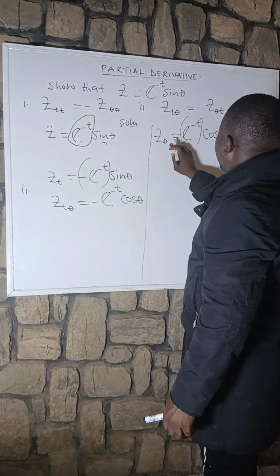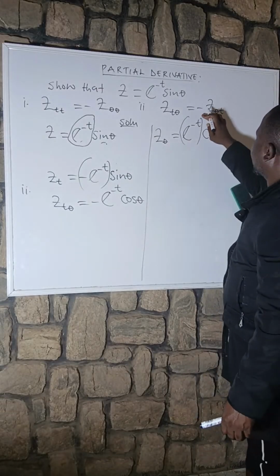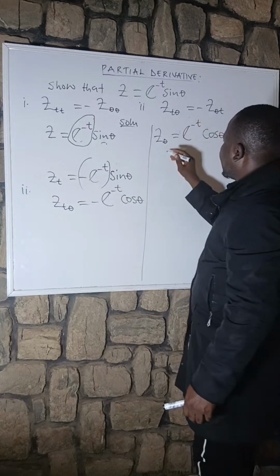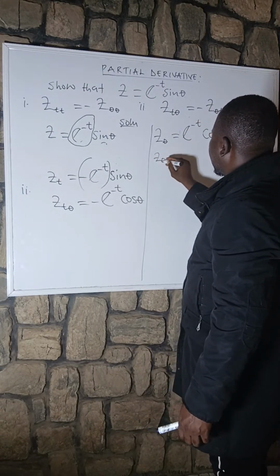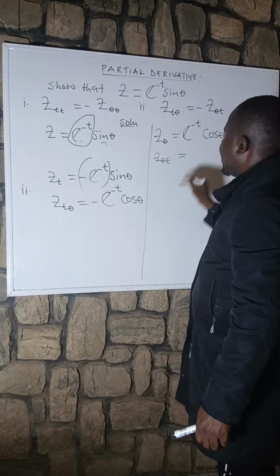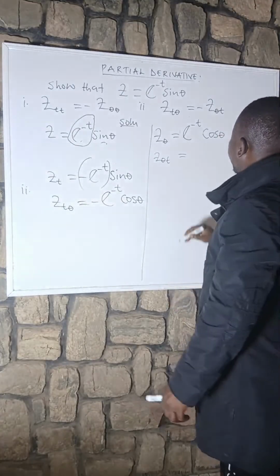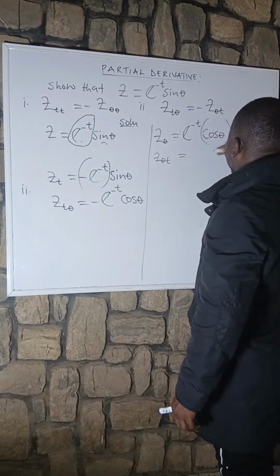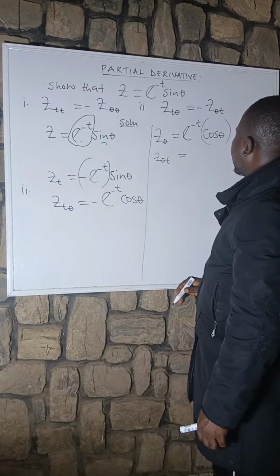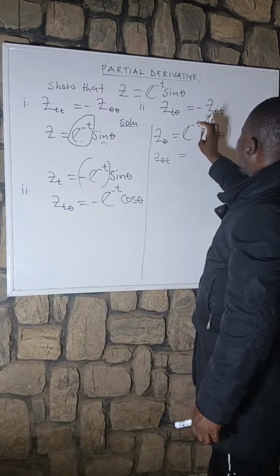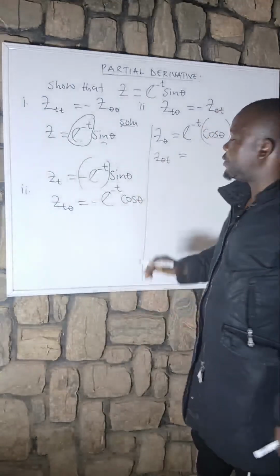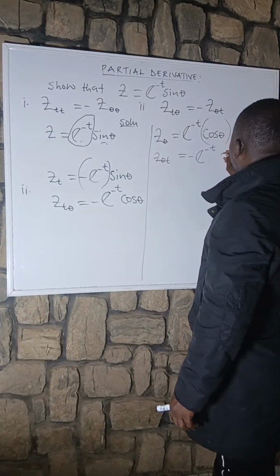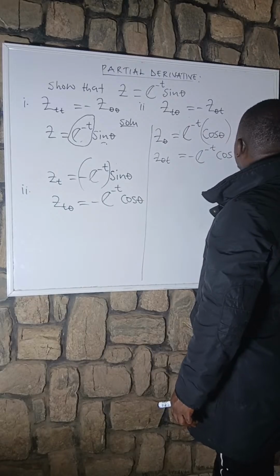Then likewise here, this means differentiate this with respect to t. Amen? With respect to t. So z subscript t theta is equal to, with respect to t, it means we are going to hold this one constant. Amen. So as you can see now, we differentiate exponential minus t. We are going to have minus exponential minus t. Use it to multiply cos theta.